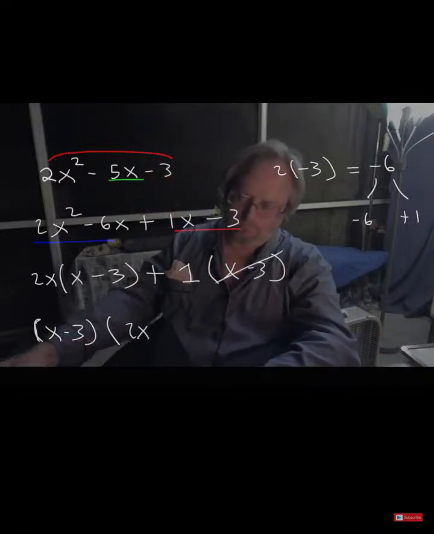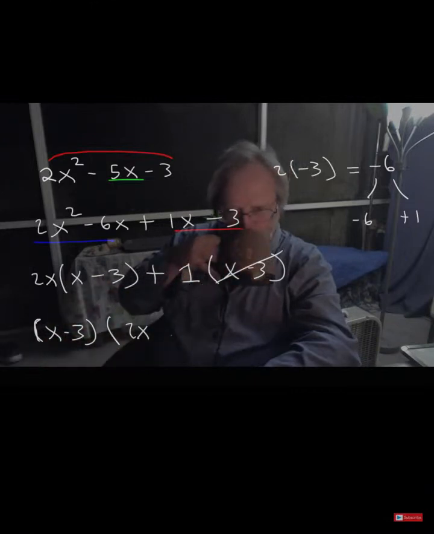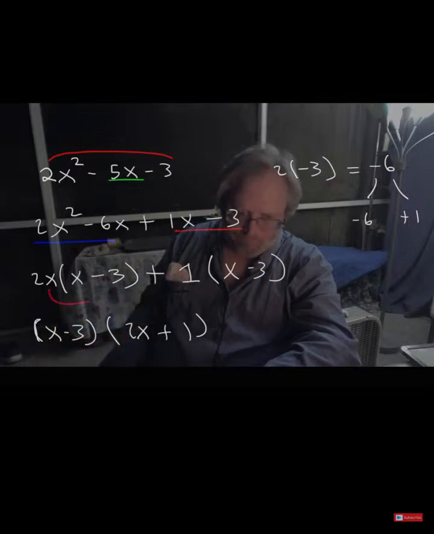If we take out x minus 3 from that term, we're left with plus 1. And so the 2x that you see here goes here.